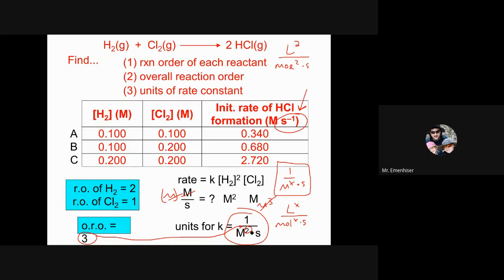It's 2 because that's 1 less than the overall order of the reaction. That's exactly what we need K to be to cancel with the units in this rate law. And it's seconds because we are using seconds right there. It's molarity per second. All right.